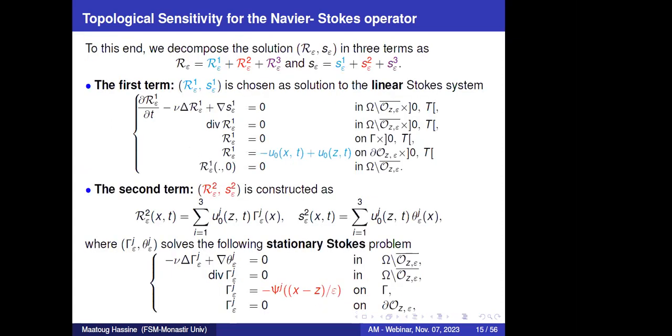To overcome this difficulty, we will decompose the solution into three main terms. The first term is related to the boundary condition imposed on the obstacle boundary. The second term will be constructed by this formula, where gamma G satisfies this stationary Stokes problem and depends on the boundary condition imposed on the exterior boundary.